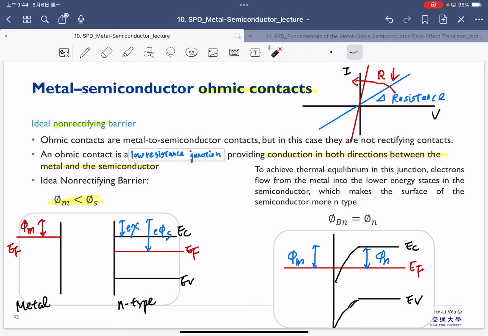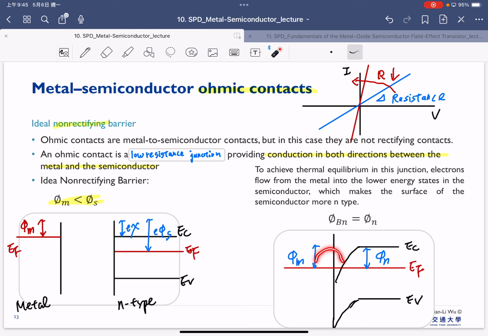So to achieve thermal equilibrium in this junction, electrons flow from metal into the low energy state in the semiconductor, which makes the surface of the semiconductor become more like the N-type here. So that will become more N-type, because right now in this surface our Fermi energy is already above our conduction band.